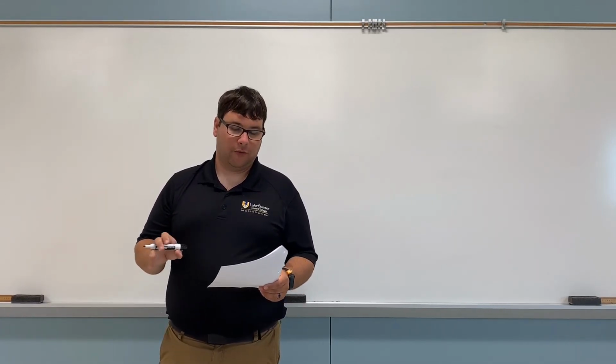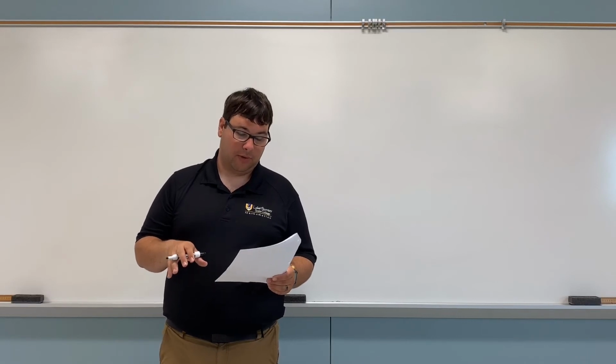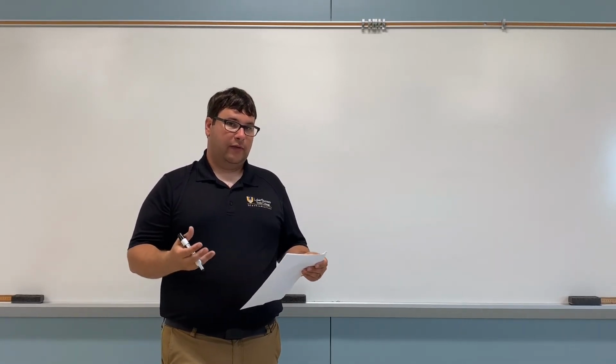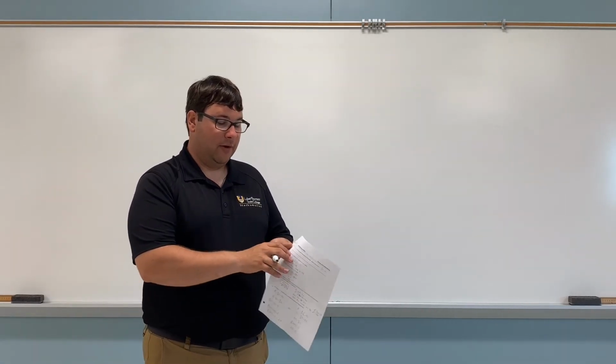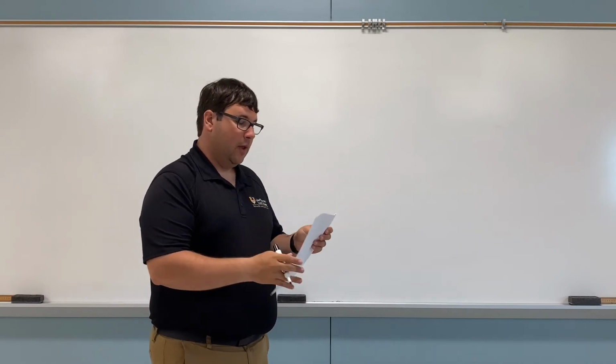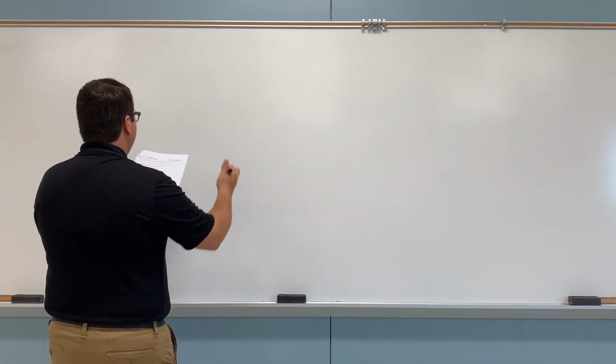Notice it doesn't give you a formula or anything right here in the problem. Now, if you don't know the Fahrenheit Celsius conversion, at the very top of your page, you do have that formula available. I'm going to go ahead and write it up here.